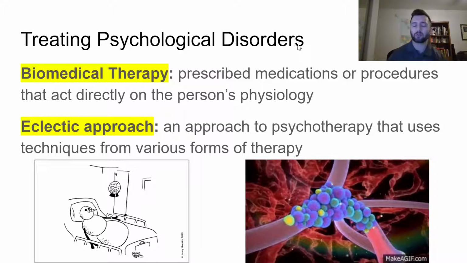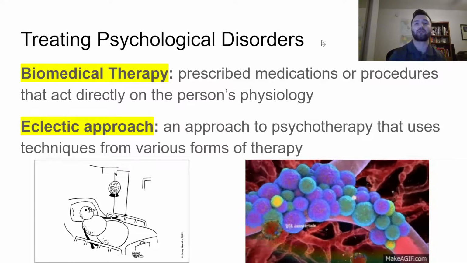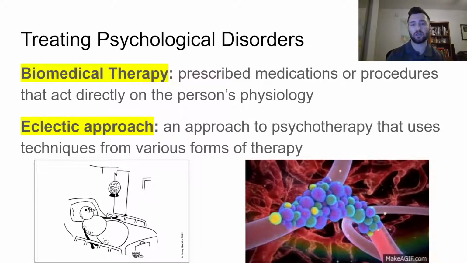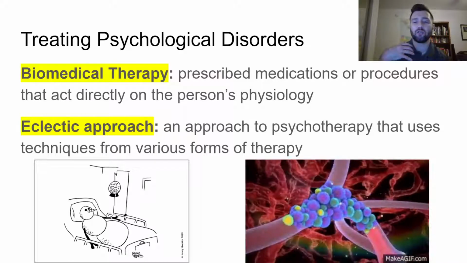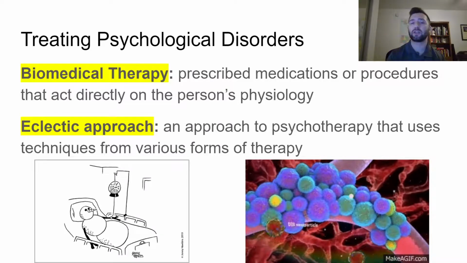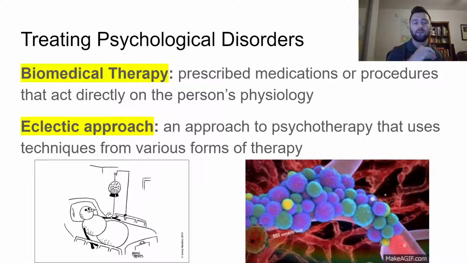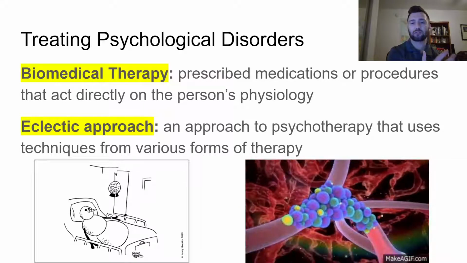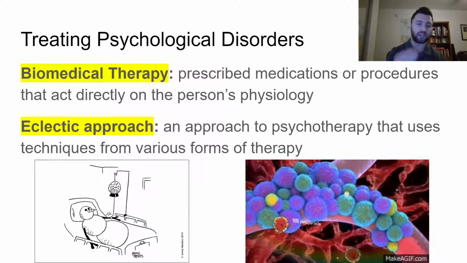Biomedical therapy is using prescribed medications or procedures to act directly on the physiology. So you can think about these two approaches: psychotherapy uses psychological techniques to address the different issues that people are facing. Biomedical therapy uses either medications or procedures like surgery to directly change the physiology.